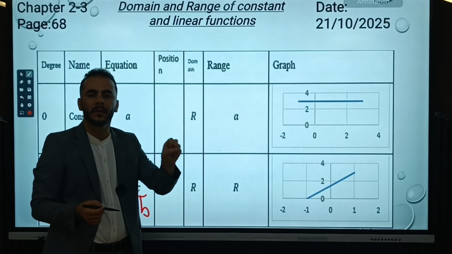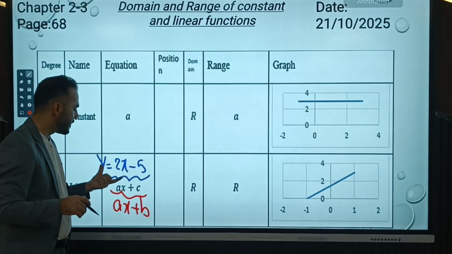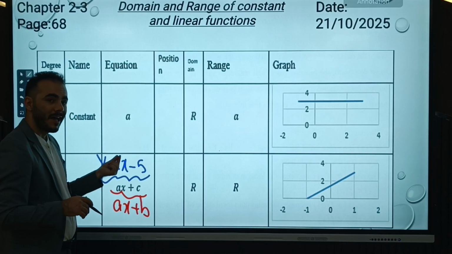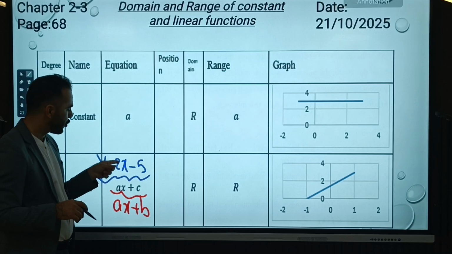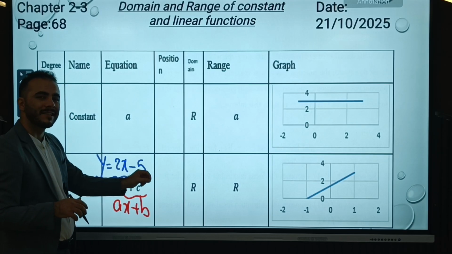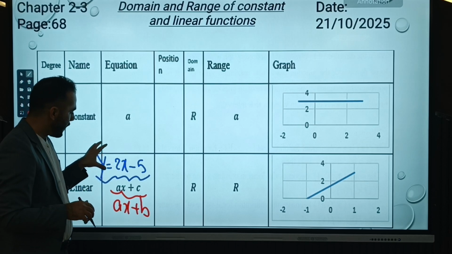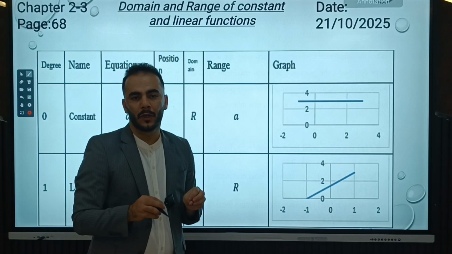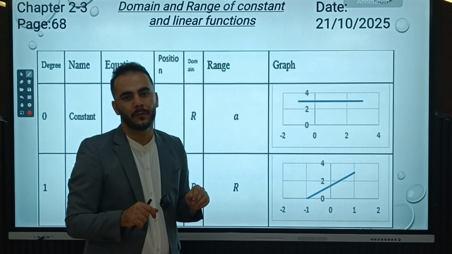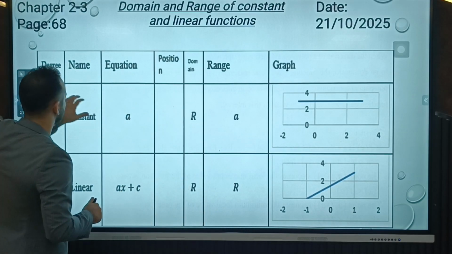Because we can give every single value of real numbers to our function, and for each value we will get a different outcome. That's why when we have a linear function, we will say that the domain and range of our linear function is all the real numbers, for both of them. Perfect.